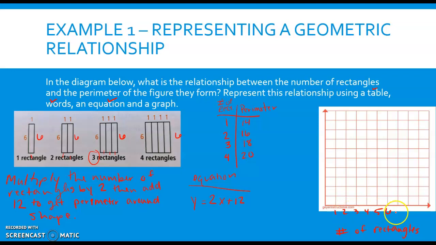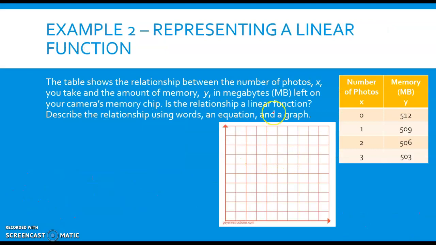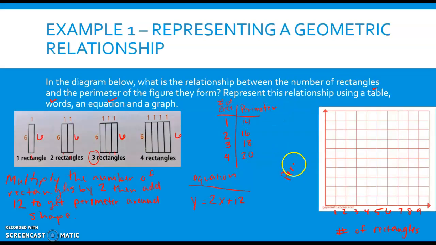You get the idea. And then our perimeter is our Y value. Perimeter. And we're going to count those by 2s. 2, 4, 6, 8, 10, and then it keeps going.